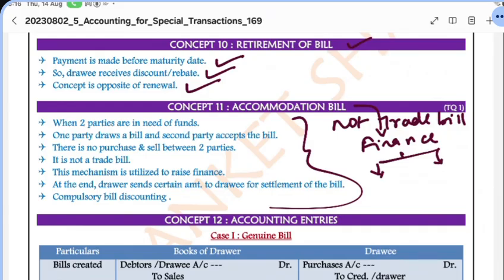And on the due date, he pays me 1 lakh rupees and I put 2 lakh rupees and we will pay 3 lakh rupees to the bank. Not promissory note, only bill. This is called accommodation bill.